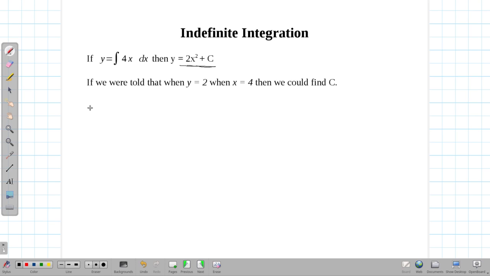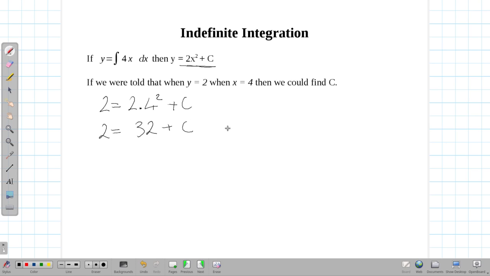So if I put my numbers in, we've got 2 equals 2 times 4 squared plus c. If I do the maths on that, 4 squared is 16, so it's 32 after you've multiplied it by 2.